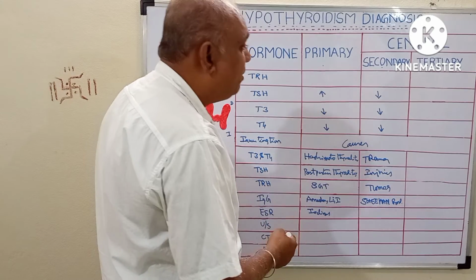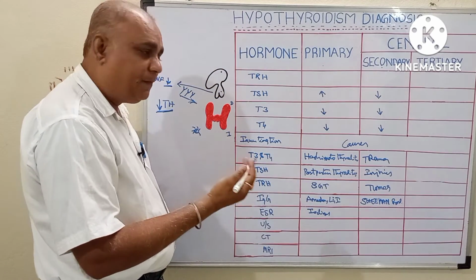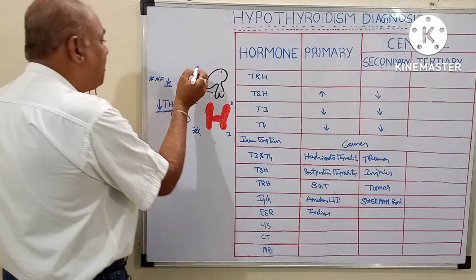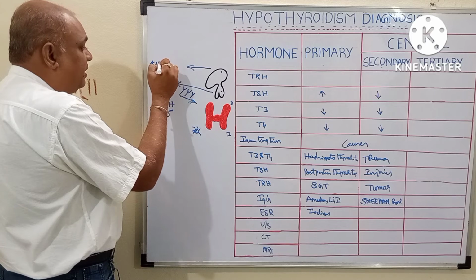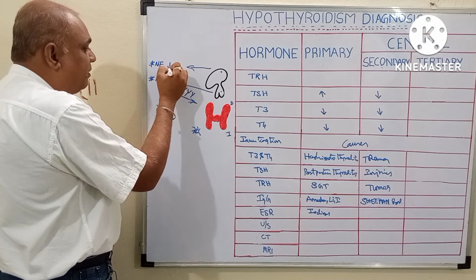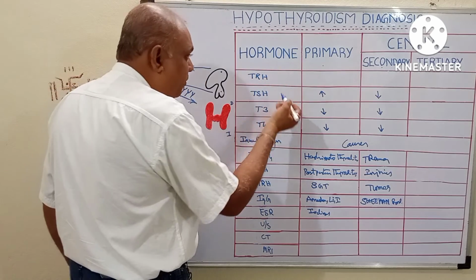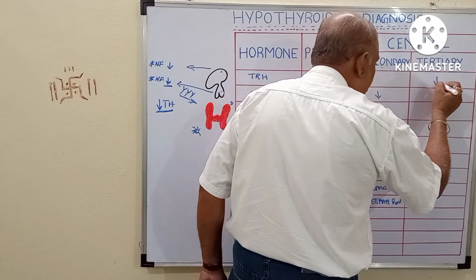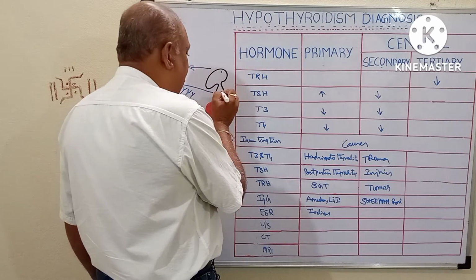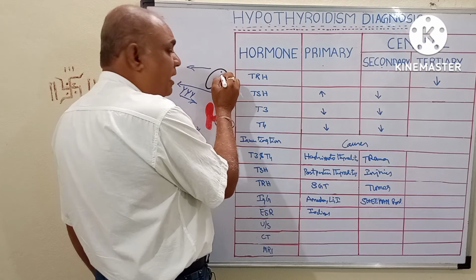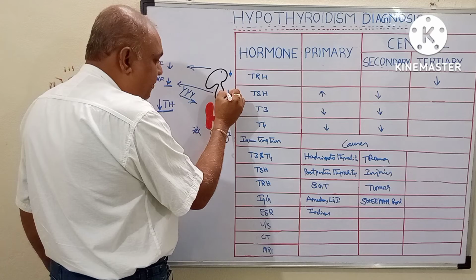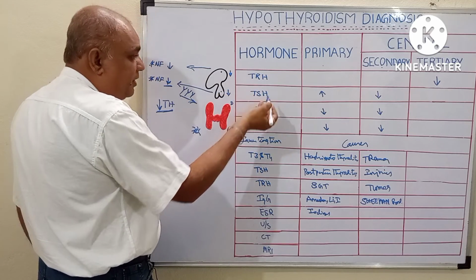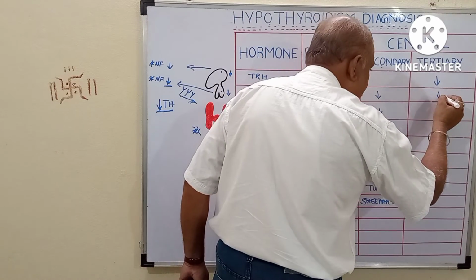Now we will see what tertiary hypothyroidism is. If for any reason the hypothalamus reduces its function, the thyrotropin releasing hormone levels will be recorded low. Because the hypothalamus secretion has reduced, the anterior pituitary will reduce thyroid stimulating hormone secretion.